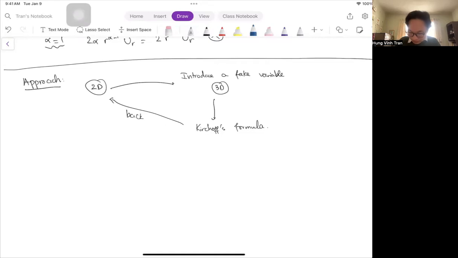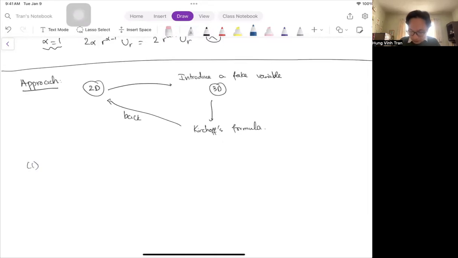Let me now write back the equation 1 again, in R2. So the variable x equals (x1, x2).